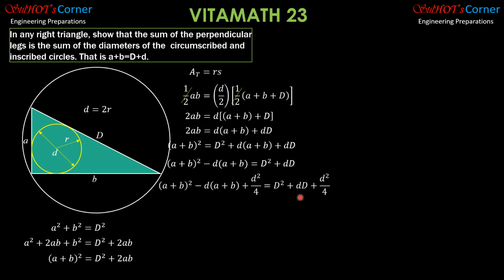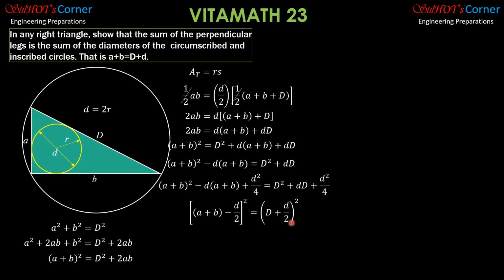The left side is a perfect square trinomial and the right side is also a perfect square trinomial. The trinomial on the left side is described by the quantity a plus b minus d over 2 squared, while the right side is described by the quantity capital D plus small d over 2 squared.